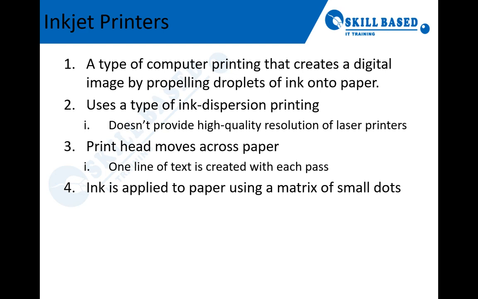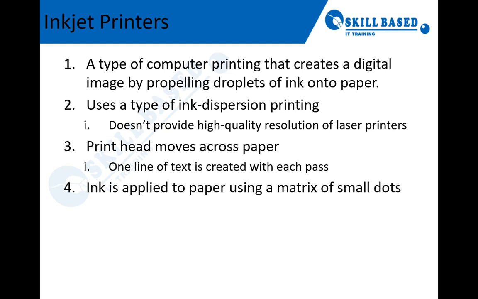Sometimes it will pass a few times on the same spot to spread different colors of ink, or even different volumes of ink. For instance, for light green and dark green, the light green may pass one or two times, and the darker green may pass more than two times. So it depends on the complexity of the images and the text.